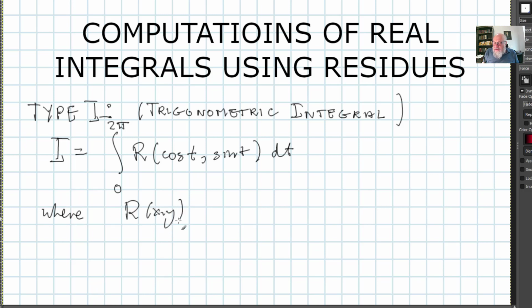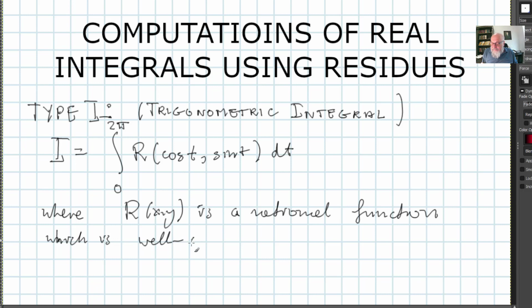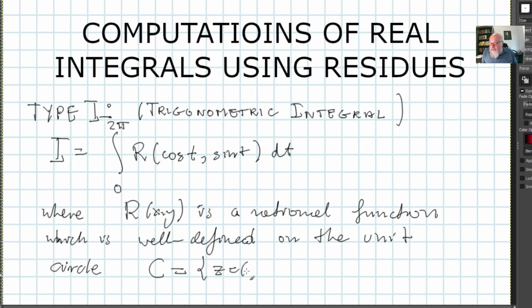r of x and y is a rational function of two variables, and without singularities, so let's say which is well defined on the unit circle, and we will denote it the circle C, which is equal to the set of all x and y satisfying the condition that x squared plus y squared is equal to 1.